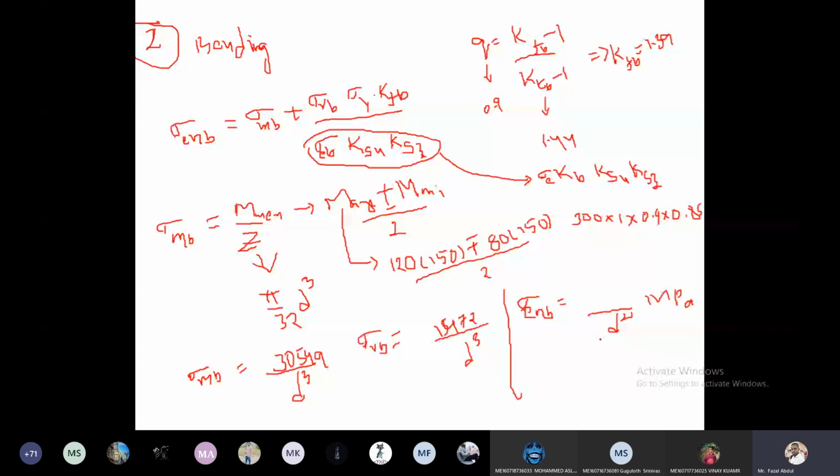The answer will come in terms of d cube megapascal.